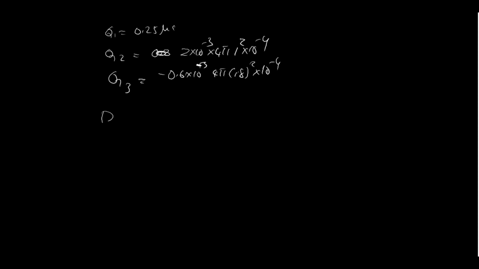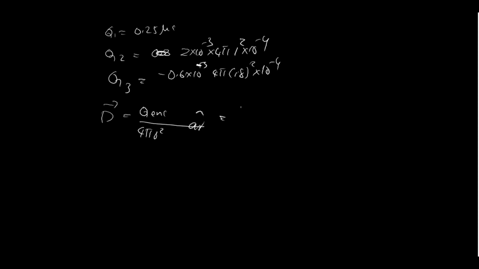So D is Q enclosed divided by 4 pi r square aR cap.